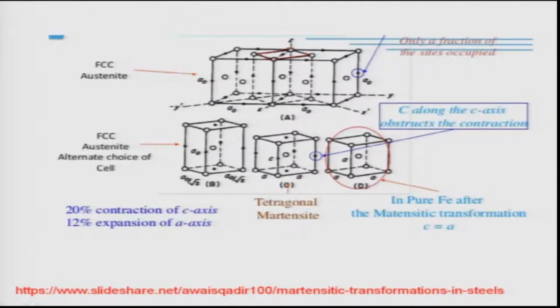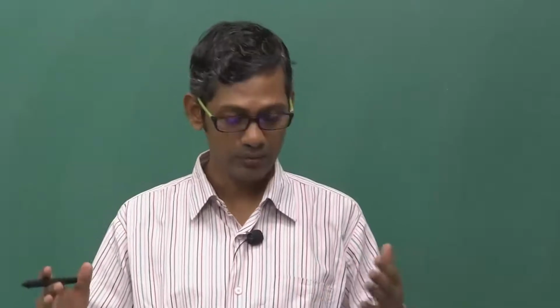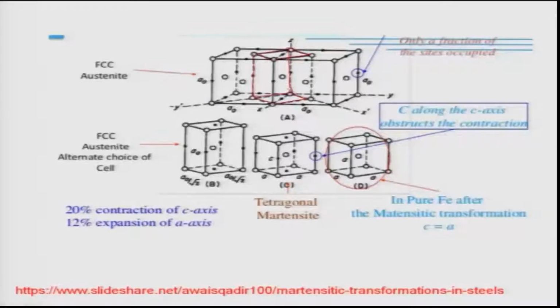Okay, we can actually connect the atoms like that here also at the bottom, and you can get the BCT unit cell this way. If you do that, you will find that there is actually 20% contraction along the C axis, the Z axis basically here, and about 12% expansion along the other axes. That is what happens, and one can actually do the crystallography very easily.